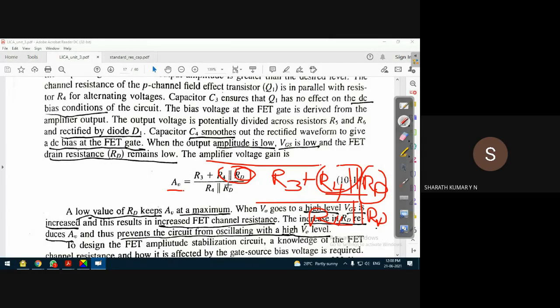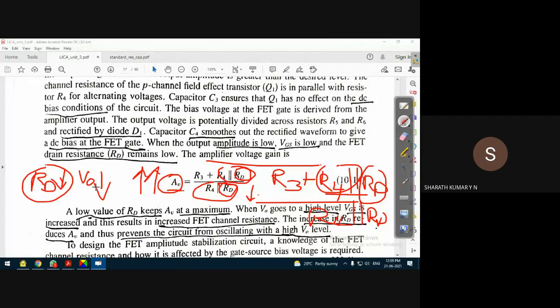For example, if RD is very small, the equivalent resistance decreases and the voltage gain increases. When will RD be small, guys? When the output V0 is smaller, RD is small and the voltage gain increases. When the output voltage V0 is very high, RD increases.